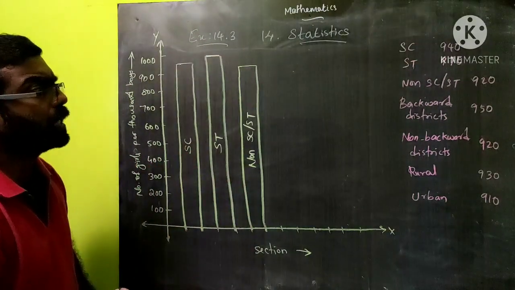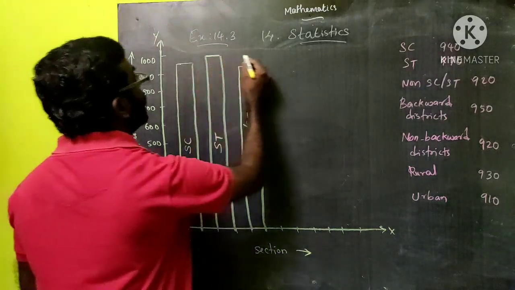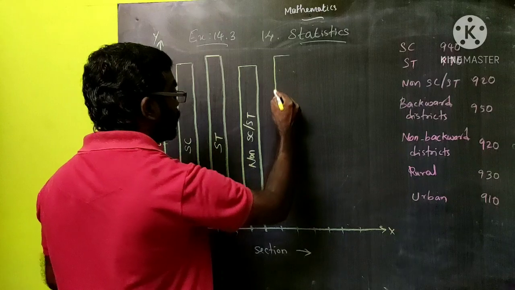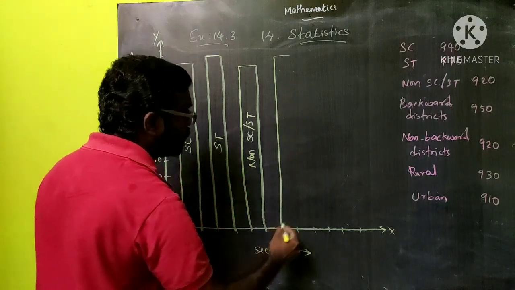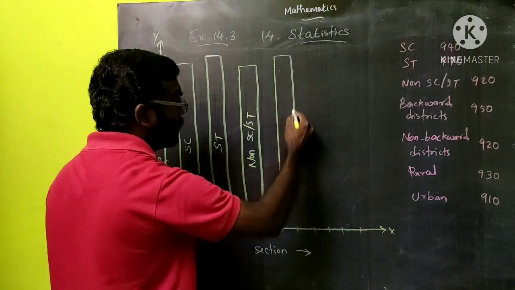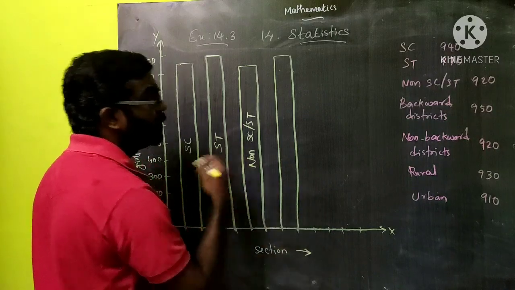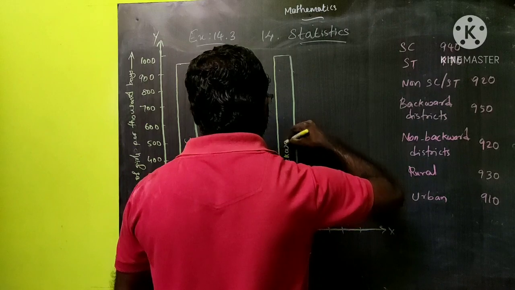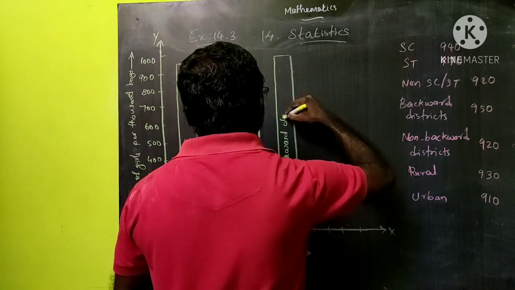Then backward districts 950. Backward districts.